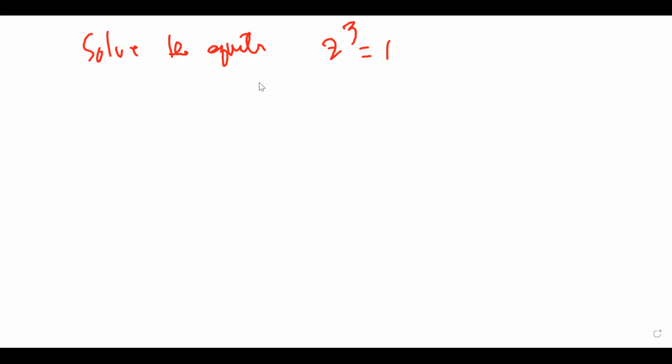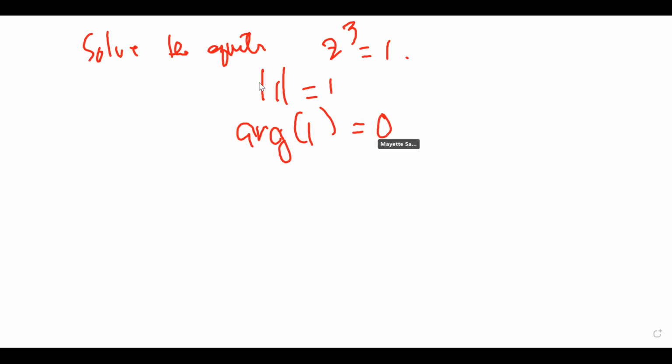So to find the modulus and argument, the modulus here is 1. The argument, because we don't have an angle here, is 0.